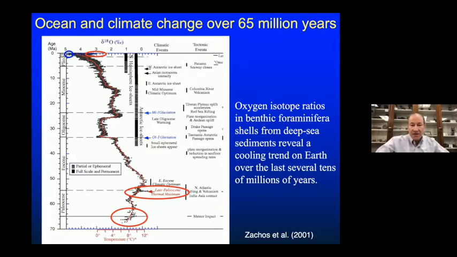And in this case, I'm going to talk some more about the proxy of oxygen isotopes. I'm going to start by showing this demonstration of a record combined from the oxygen isotope measurements in the shells of microfossil organisms that lived on the bottom of the oceans from around the world at different times in the past.